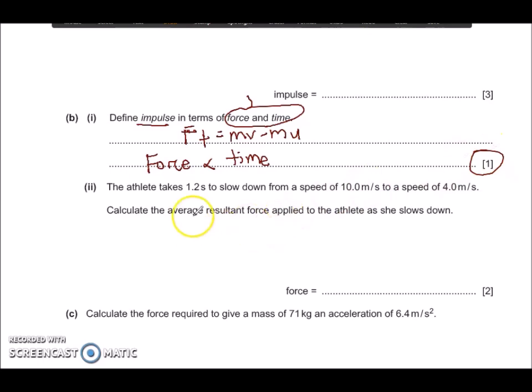Okay, now number 2, at least it takes 1.2 seconds to slow down from 10 to 4. Find the average resultant force. We can use the first answer, 426 Newton seconds. And then how do we find the resultant force over here?